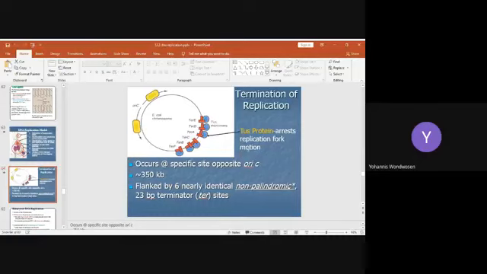That means they make a blockage for the replication process that's taking place. This occurs on the opposite side from the origin of replication, flanked by 6 nearly identical non-palindromic 23 base pair terminator Ter sites.